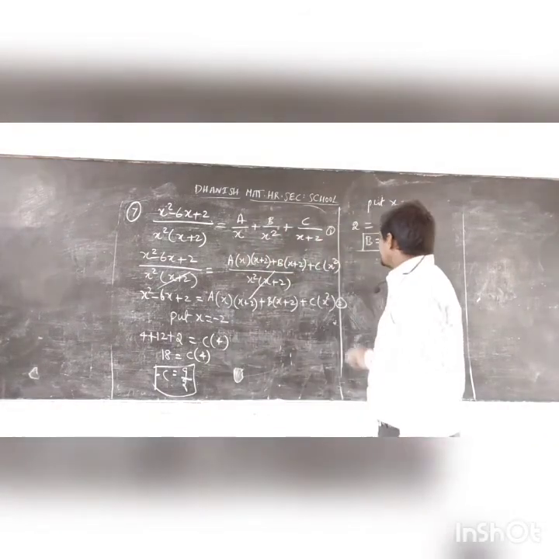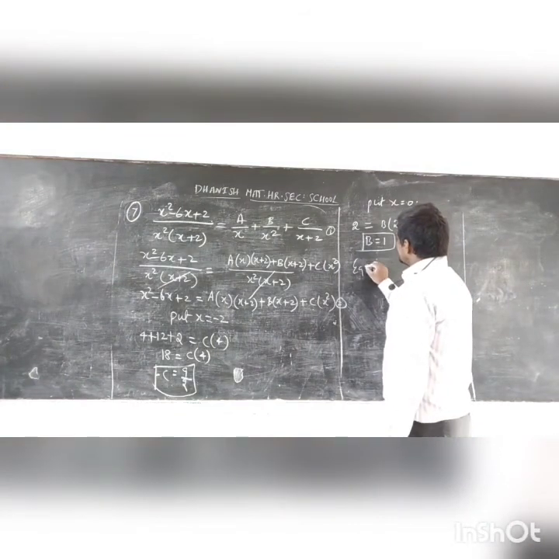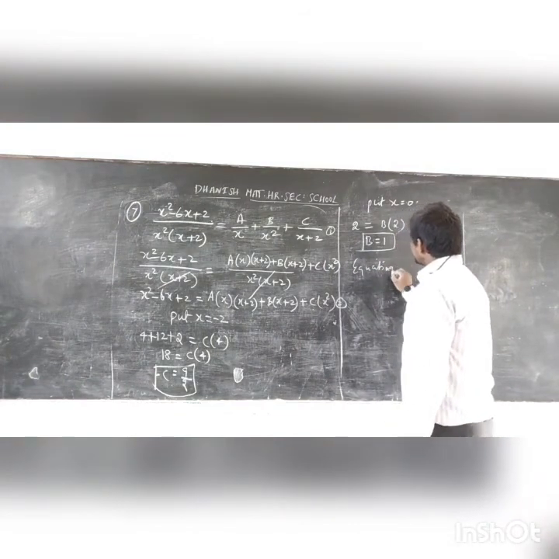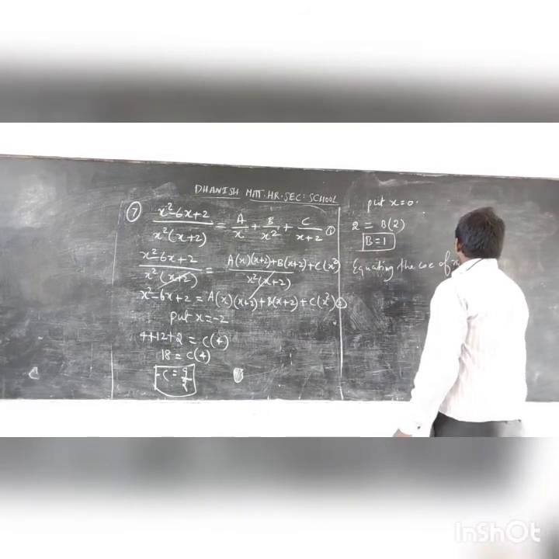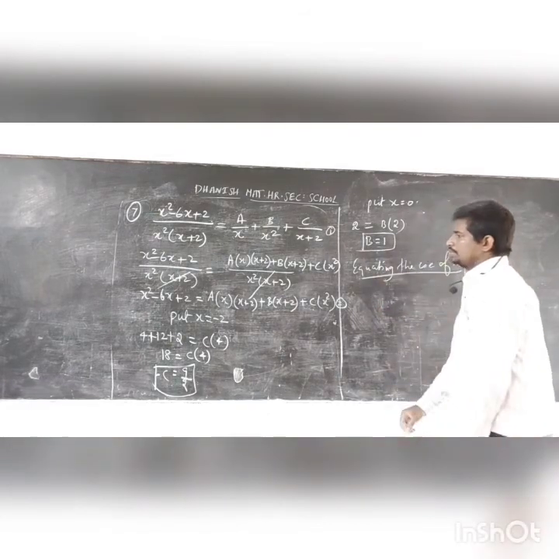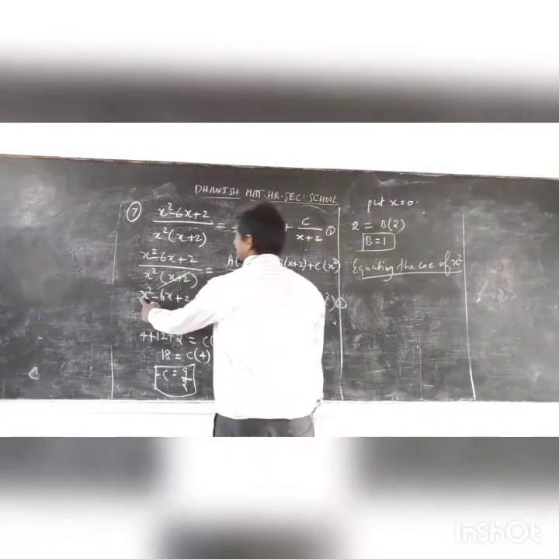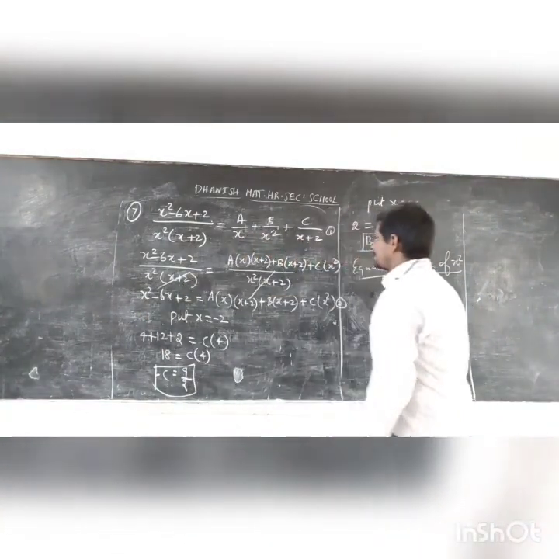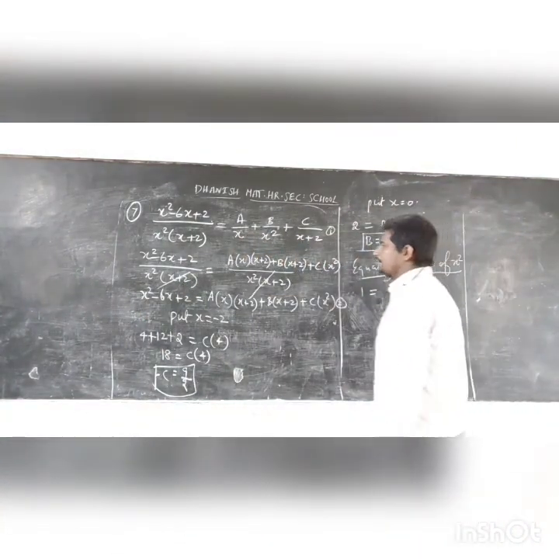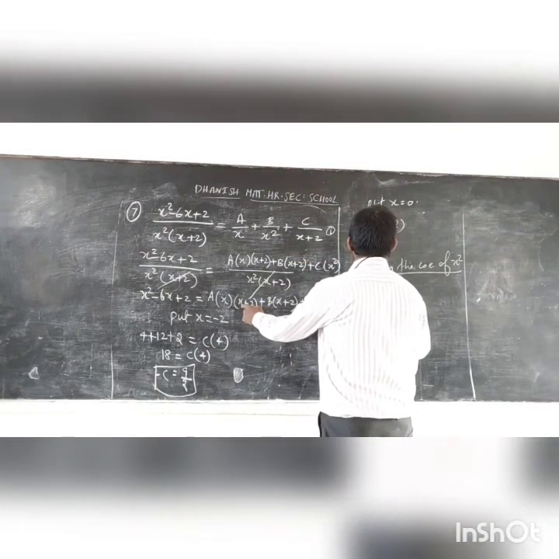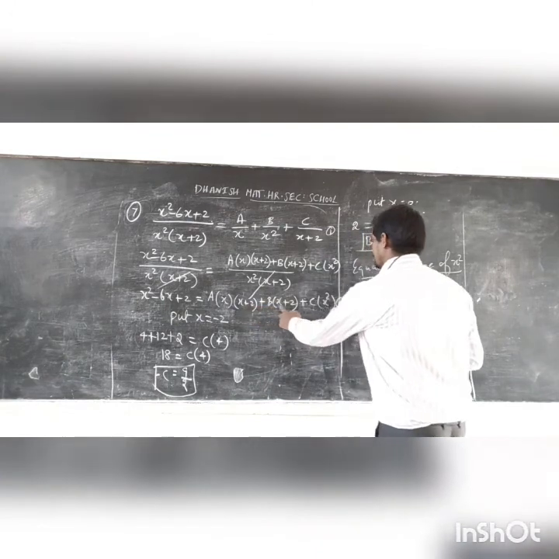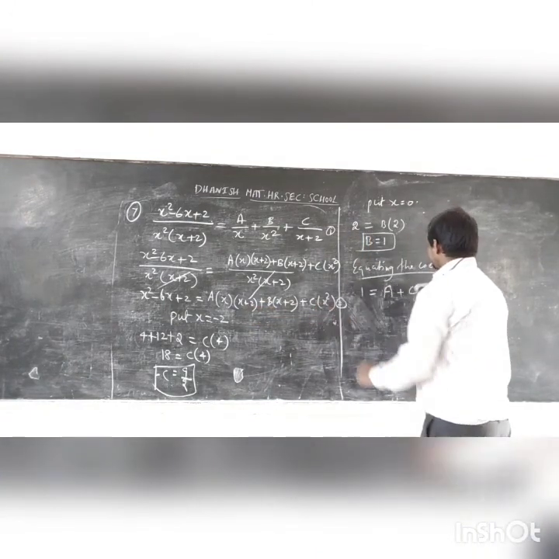Now we are going to equate the coefficient of x square. So look at the LHS. Here we have x square. So the coefficient of x square is 1. So 1 equal to, here we will have a plus c.